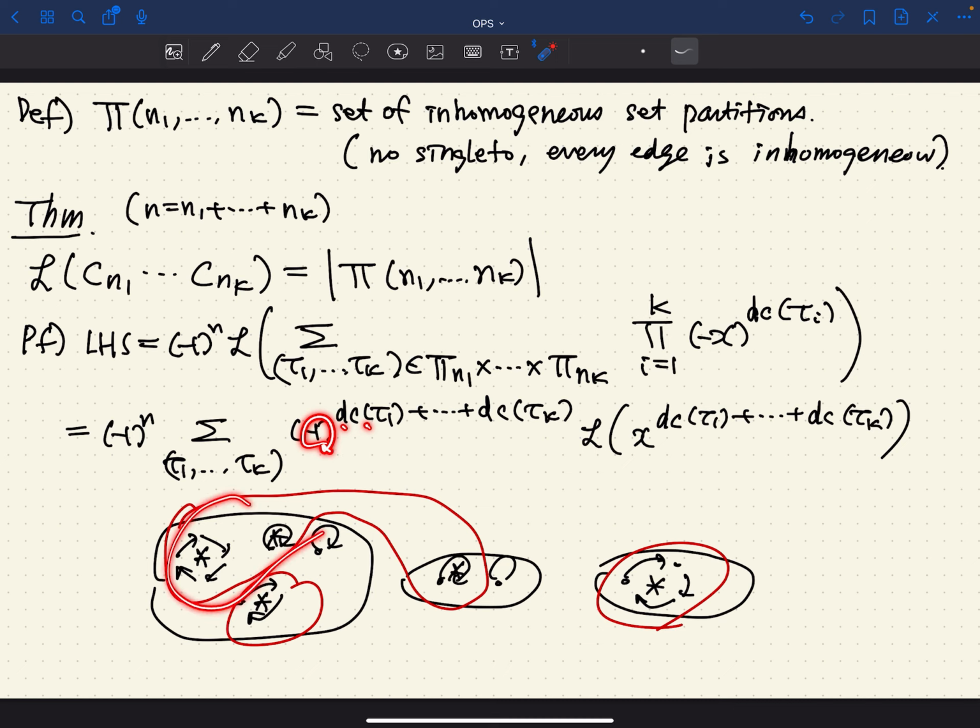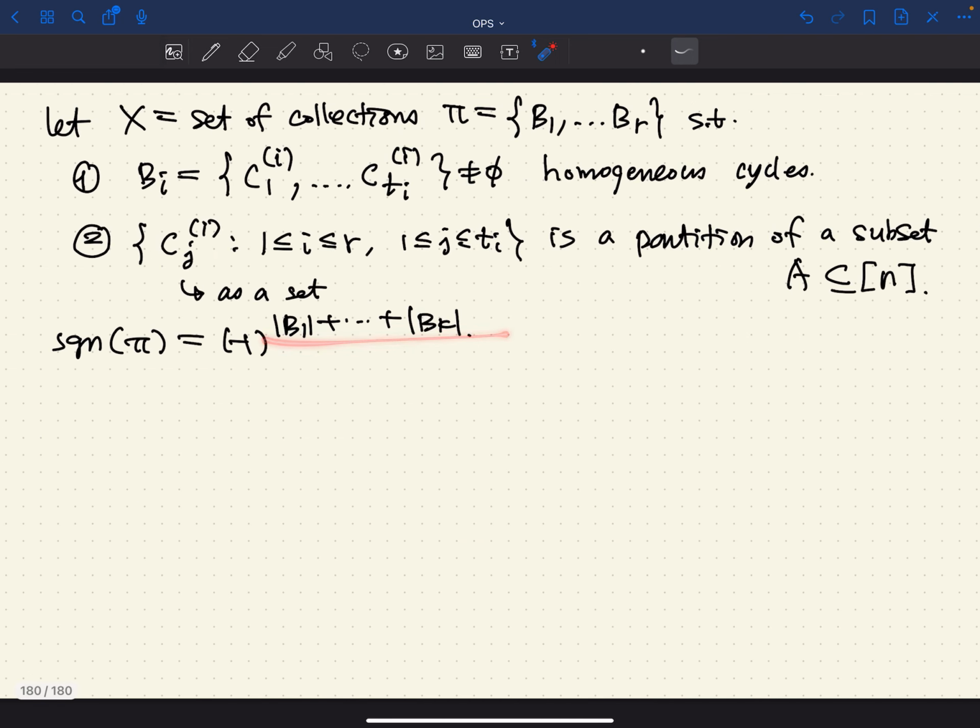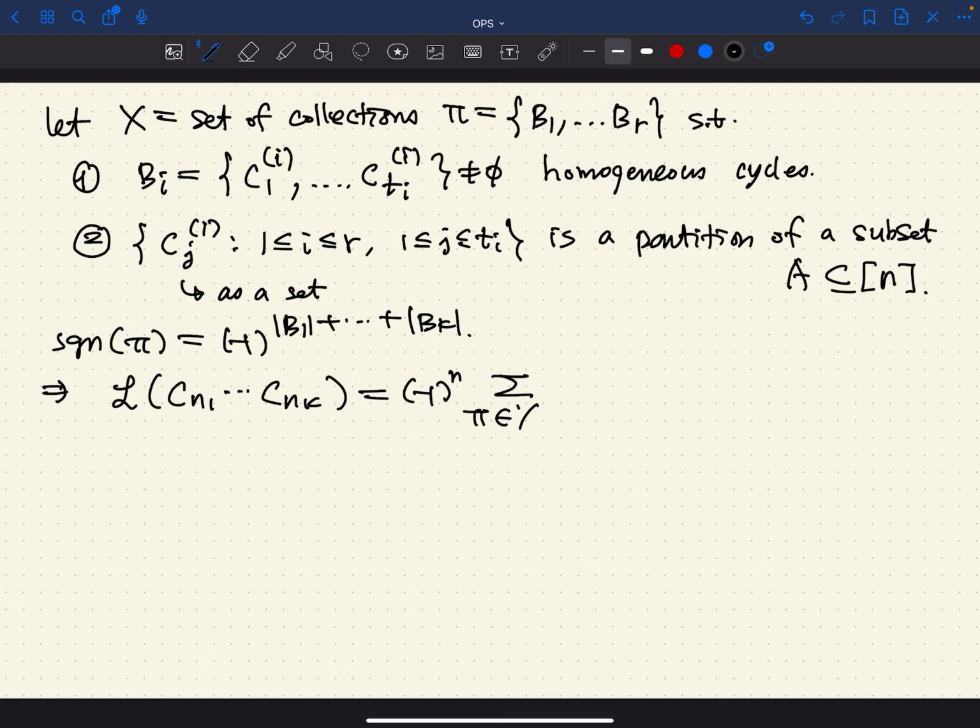That means here we have 1, 2, 3, that corresponds to -1, so 1, 1, like that. But that's exactly the cardinality of the set of blocks. Okay, so then what we want is exactly (-1)^n and a sign like this.